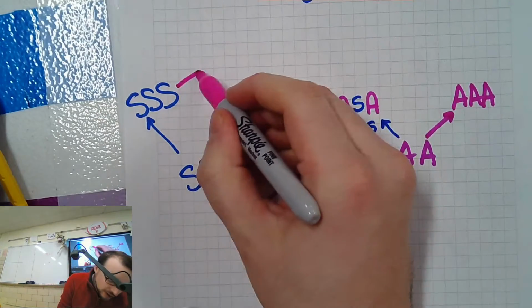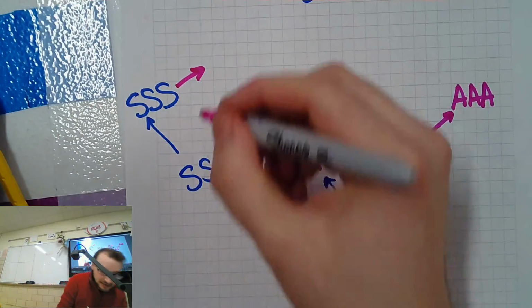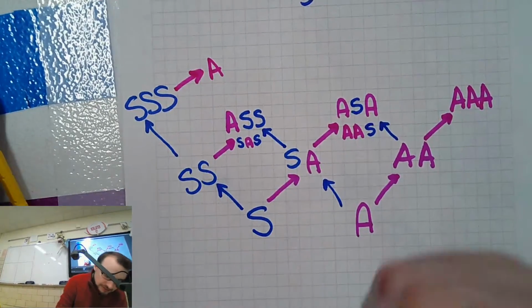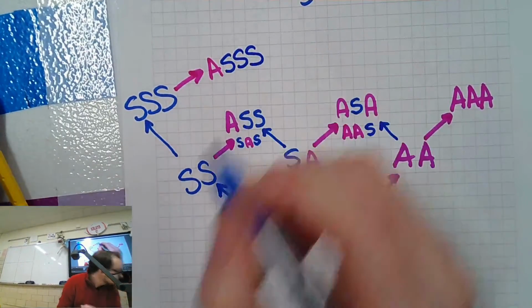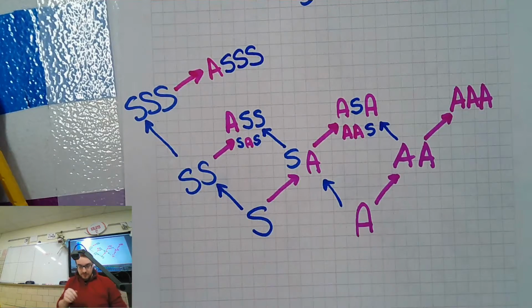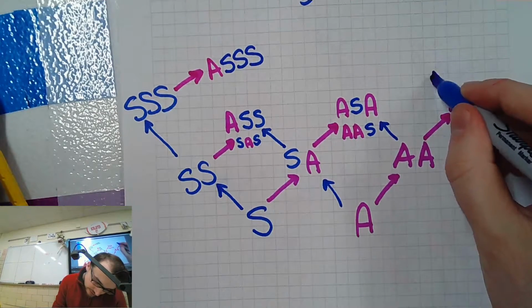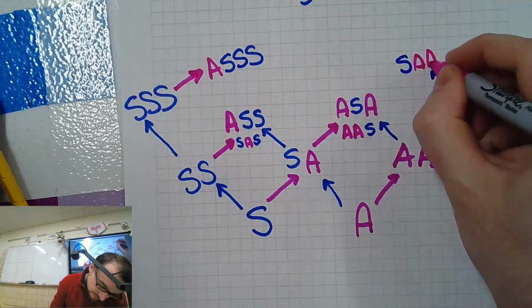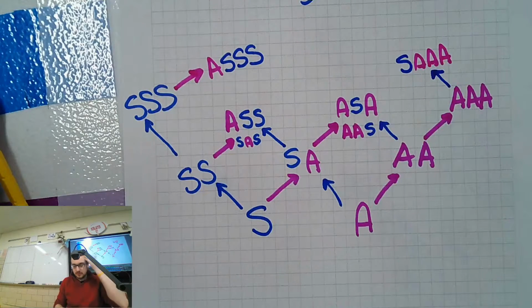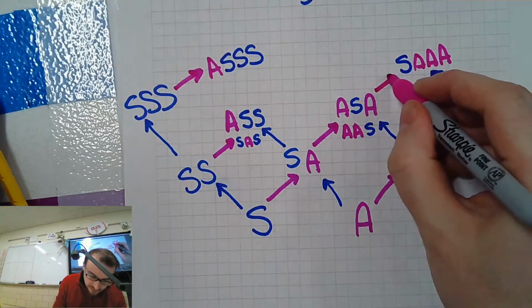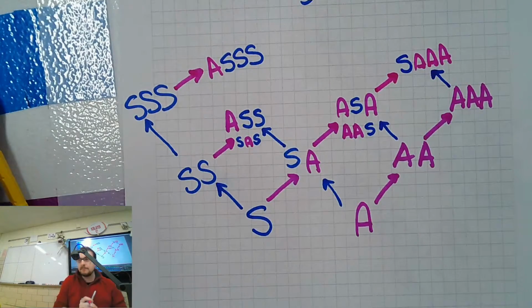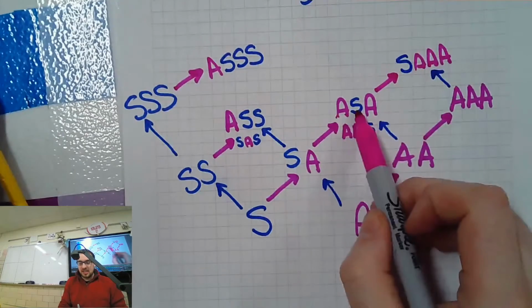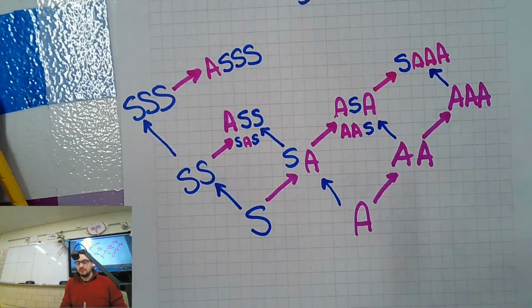I can go to the right, though, from here and add an A. So what I get is A triple S. And here I can do S triple A. Notice that if I go to the left or the right here, it's the same thing, right? 2 A's and an S becomes 3 A's and an S. Now there's another way I can write both of these.